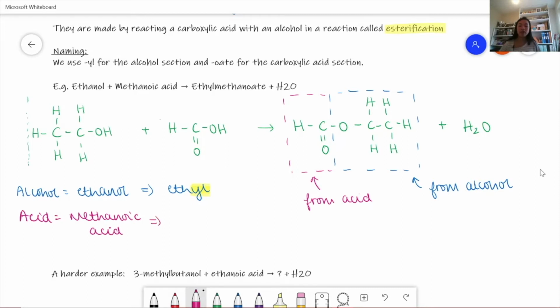And so we use methanoate. And again, we're using meth because it's the prefix for one carbon. And then we add oate at the end. And so the whole name of the molecule that we get is ethyl methanoate. So we put the name of the alcohol first.